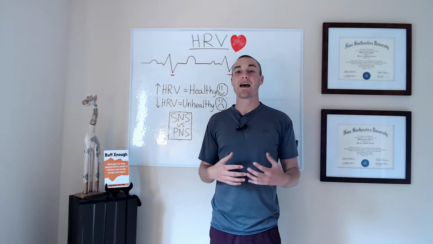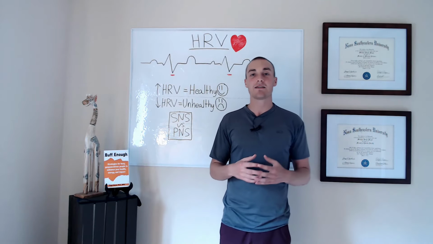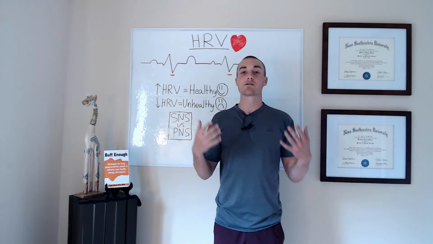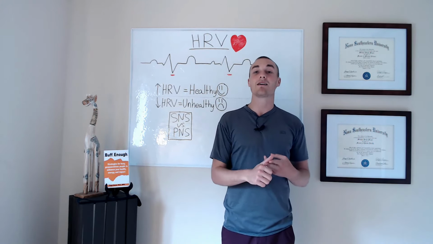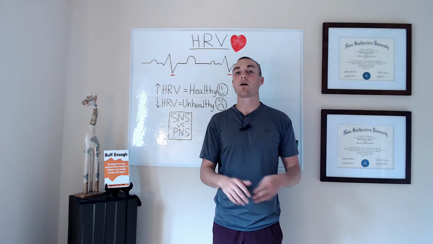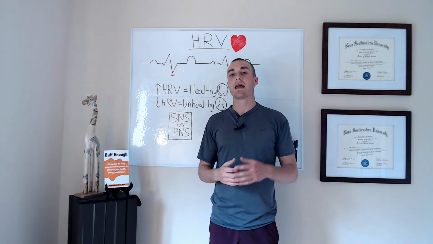Now let's look at the other side of the coin. Say we have a very healthy young athlete. This person is very smart, so they are prioritizing their recovery. They are making sure to get enough sleep, they're eating well, and they're not overtraining. They're not working out three times a day and not getting enough recovery.